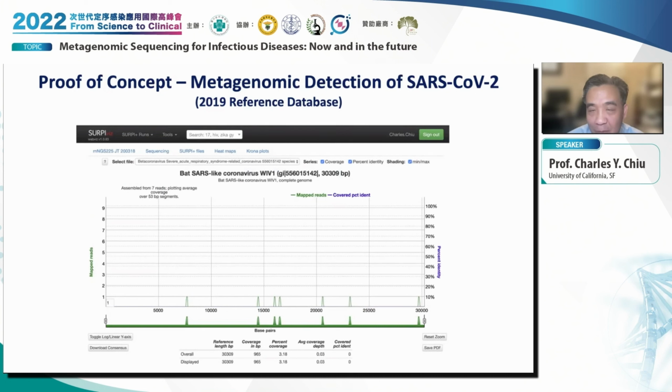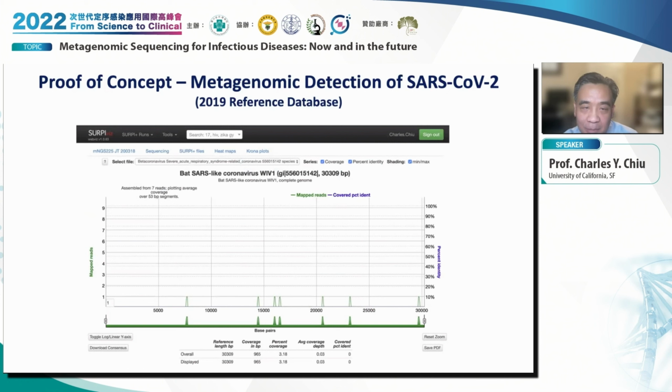This is a proof of concept where we simply applied the assay on a respiratory sample from a patient with pneumonia. Now, we knew that this patient was actually infected with SARS coronavirus 2, but we wanted to test, in principle, could our assay have detected COVID before there was a sequence available.